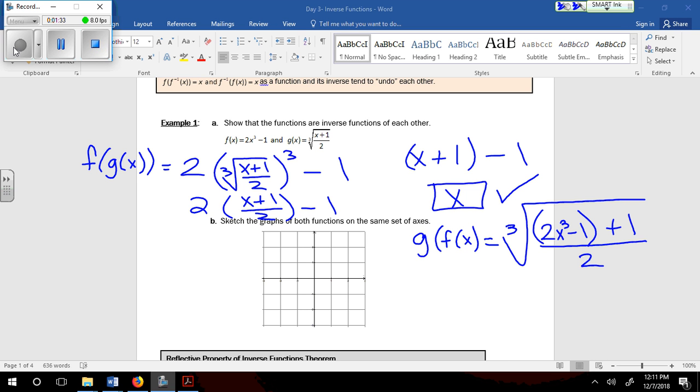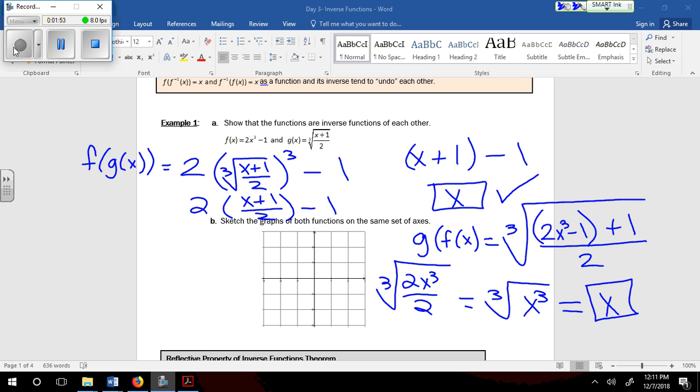So the first step, the negative 1 and the plus 1 equals 0. So I'm left with the cube root of 2x cubed over 2. 2 divided by 2 would be 1. So I have the cube root of x cubed, which ends up equaling just x. So again, because everything canceled out and I'm left with just x, it shows that f and g are inverses of one another.